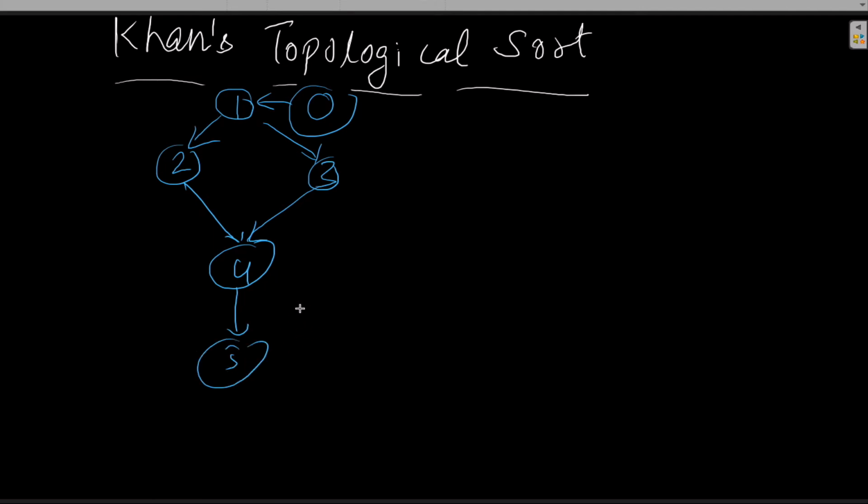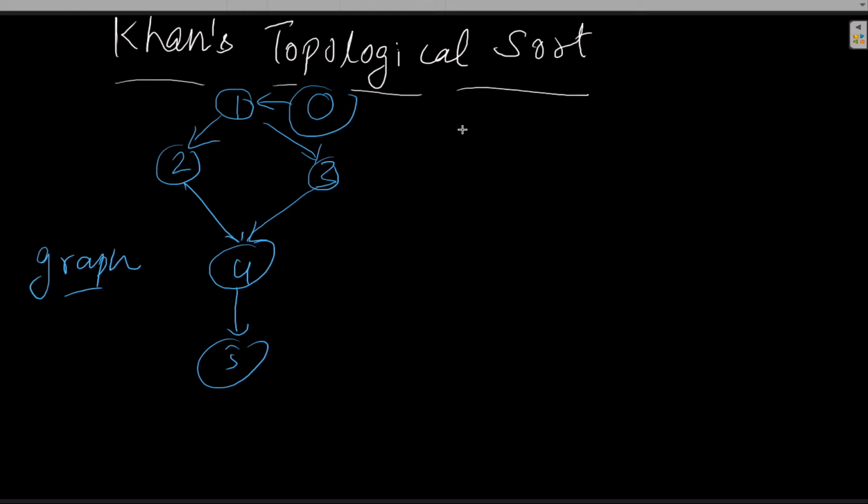So according to Kahn's topological sort, this is a graph that we have, and this is a directed graph. As you can see, all the edges are in some direction, right?